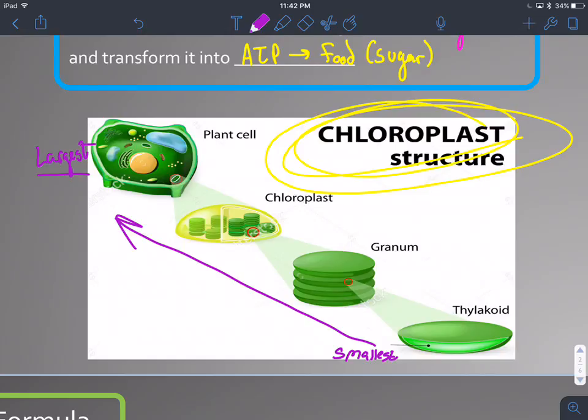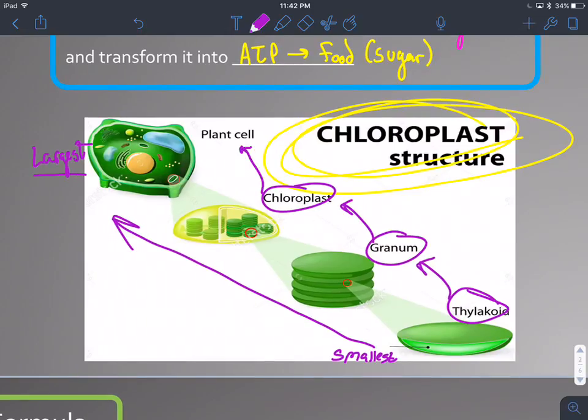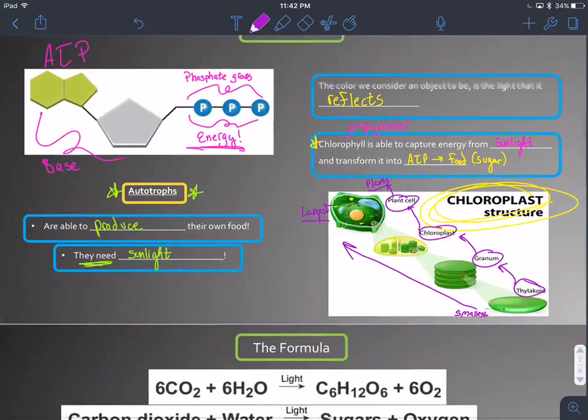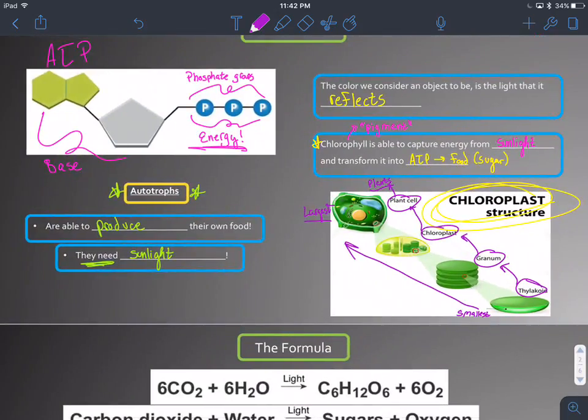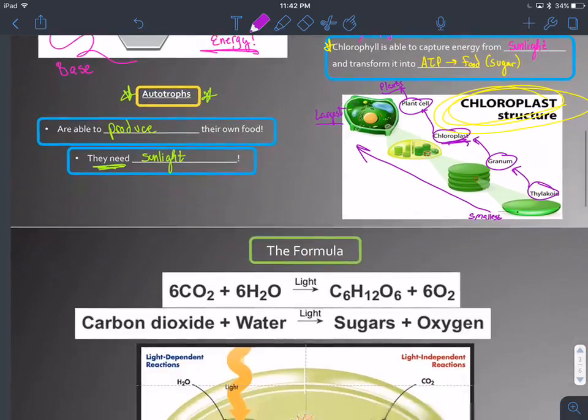We have thylakoids here. When you stack them up, they make granum. Granum make up chloroplasts. Chloroplasts make up plant cells. And plant cells, well, they make up plants. And that's what we learned last class. But we're going to take this whole idea of a chloroplast a little bit further today.